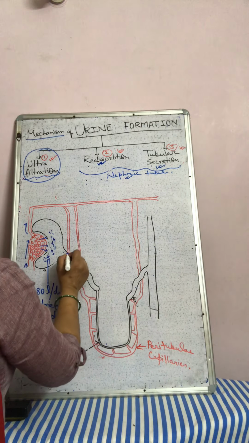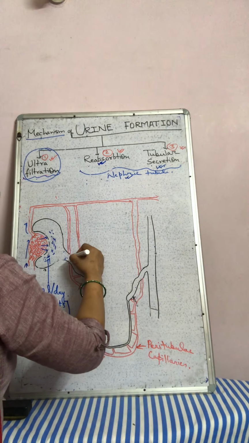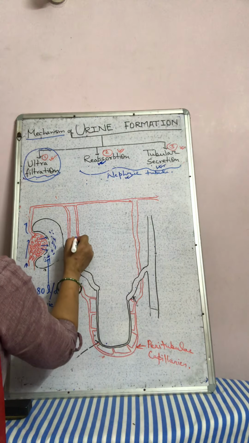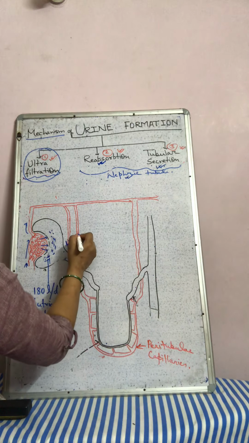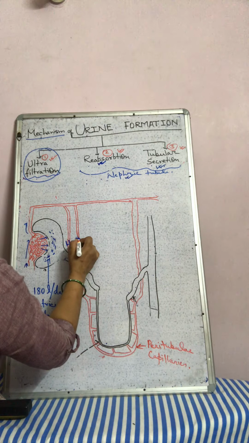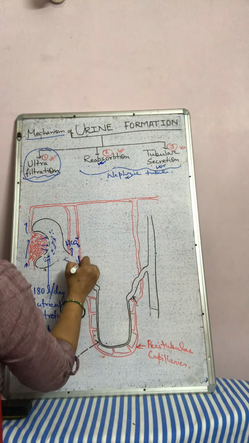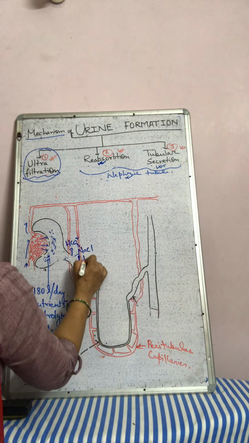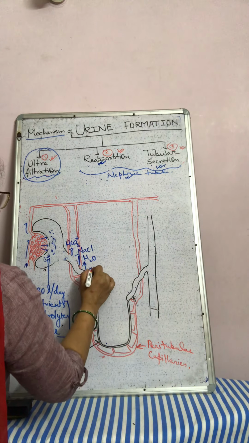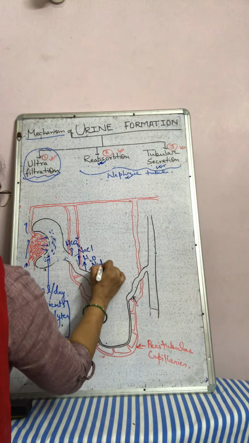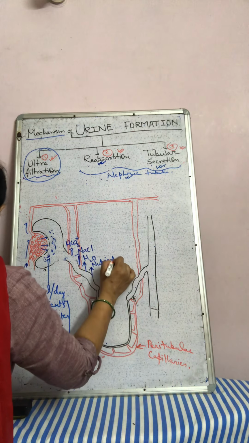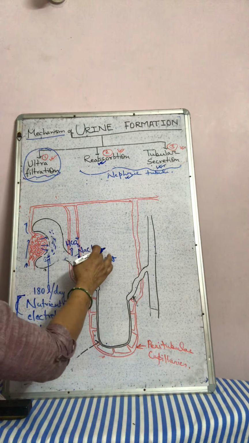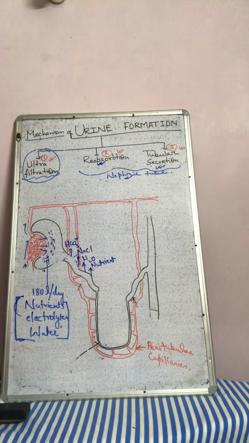Maximum reabsorption occurs in the PCT part. That means this part absorbs bicarbonate ion, salt (NaCl), water, nutrients, etc. That means bicarbonate ion, sodium chloride, water, nutrients which are essential for our body.